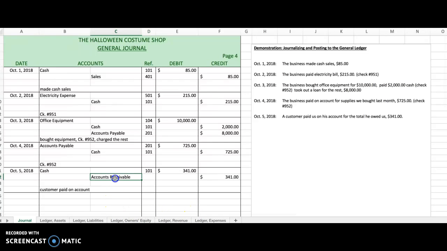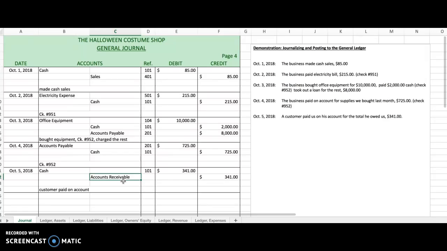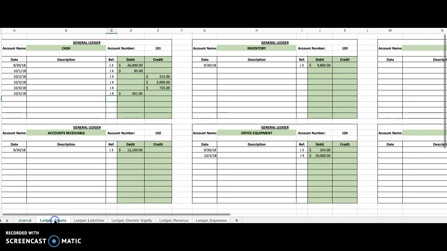Accounts receivable is an asset account, which shows how much people owe to us. This time somebody paid us money, so they owe us less. So 341 is credited. Again, accounts receivable is an asset. You see, as of September 30th, people owed us a total of $12,100, and now on the 5th of October, somebody paid us $341.